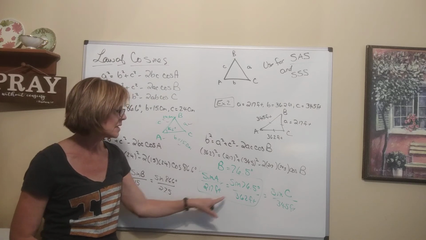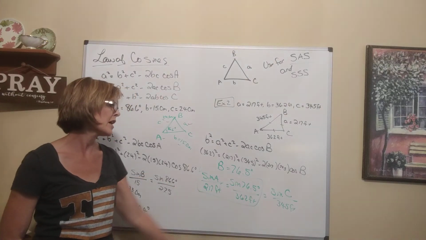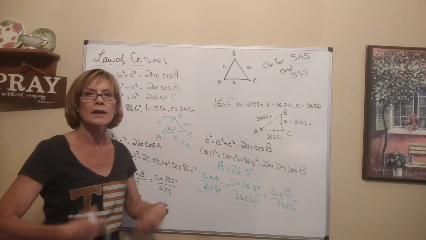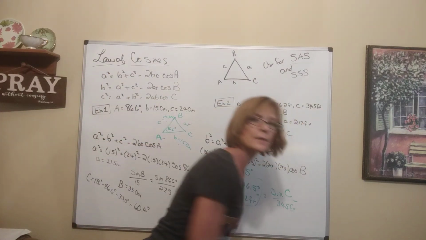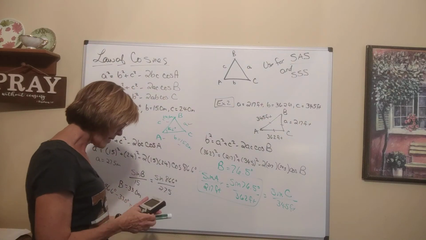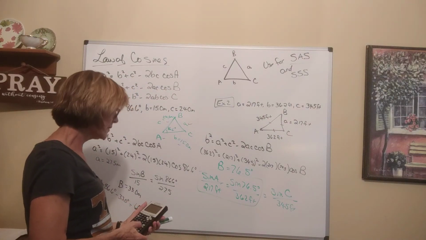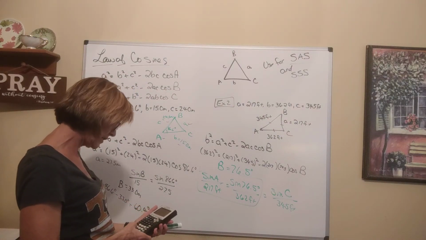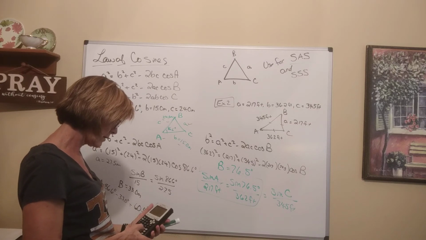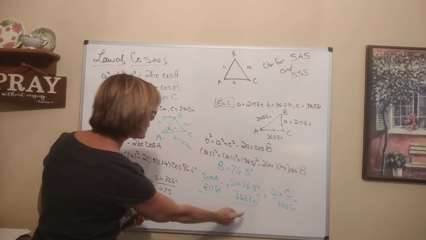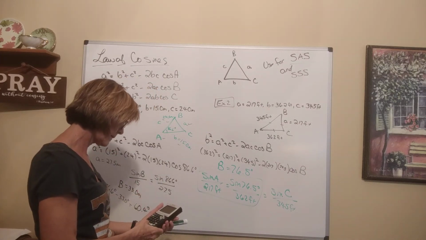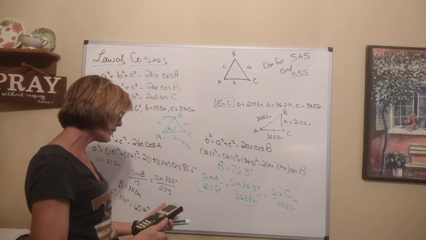I'm going to say 217 times sine of 76.5 divided by 362 and take the inverse sine, and that's going to give me angle A. I'll talk it out in my calculator. Here I go. 217 times the sine of 76.5, and I hit enter. I get 211, but now I'm going to divide that by 362, and I get 0.58288.